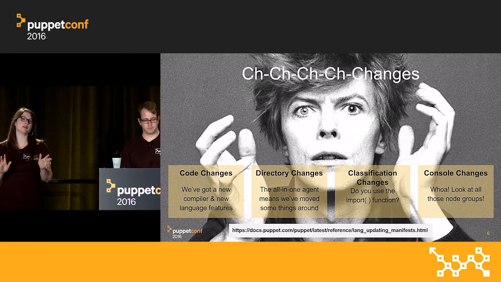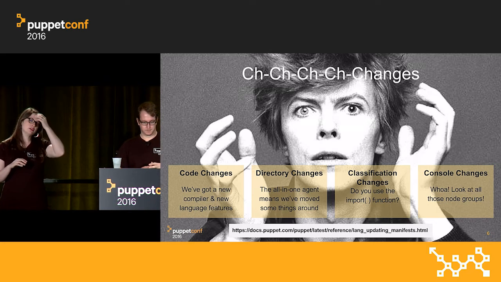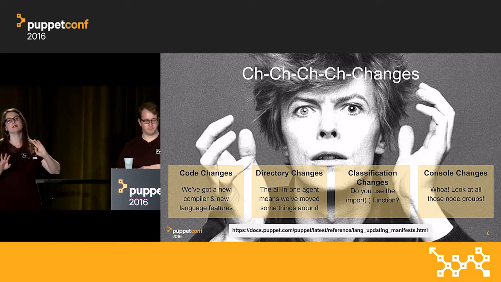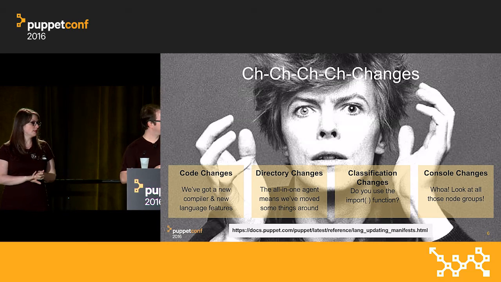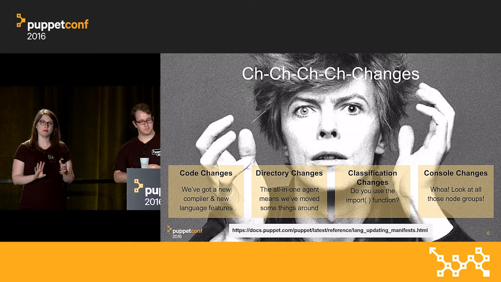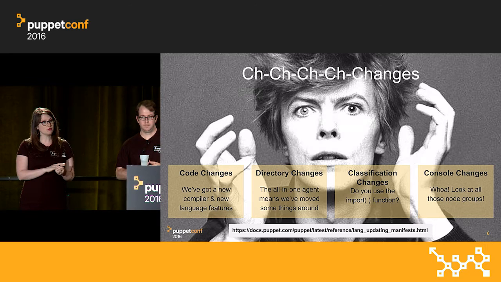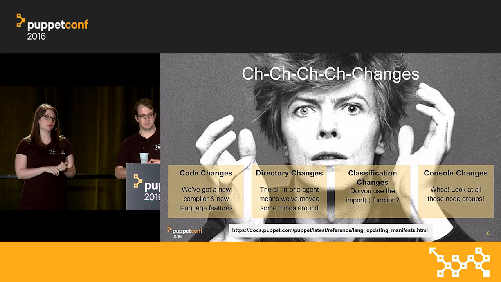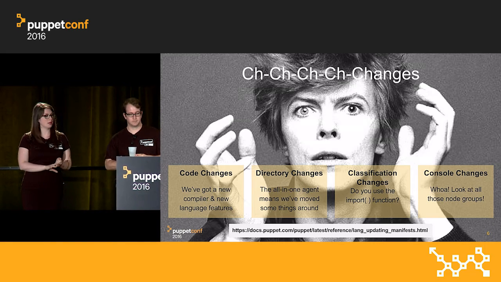The environment group sets which environment that group of nodes is talking to, and we'll talk a little bit more about environments and what that means in terms of your code on disk in a couple of slides. And the default node groups that ship with PE have changed a little bit, so keep an eye out for that. Also, if you use the import function in Puppet 3, that is no longer part of the product, so keep that in mind.